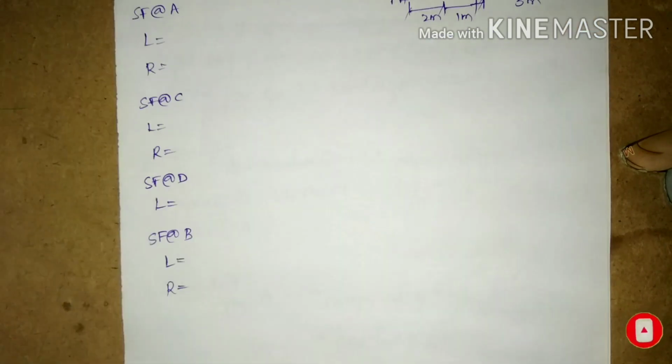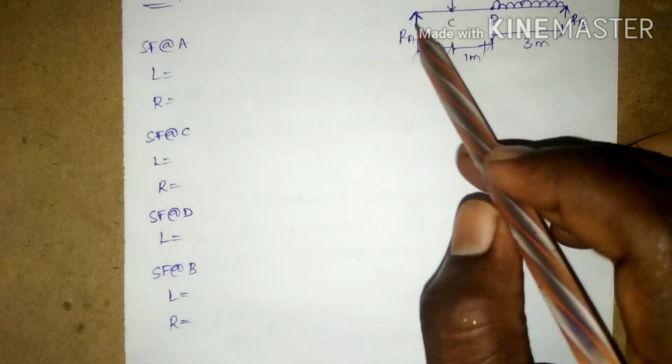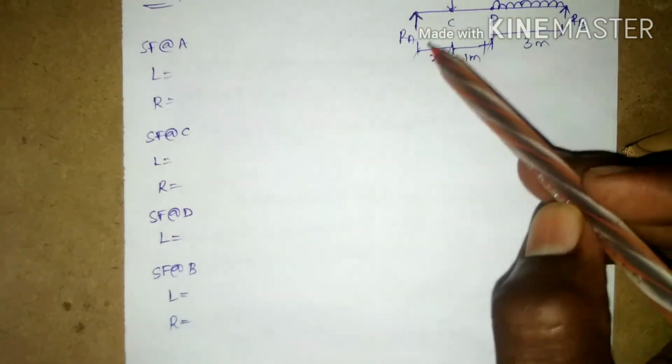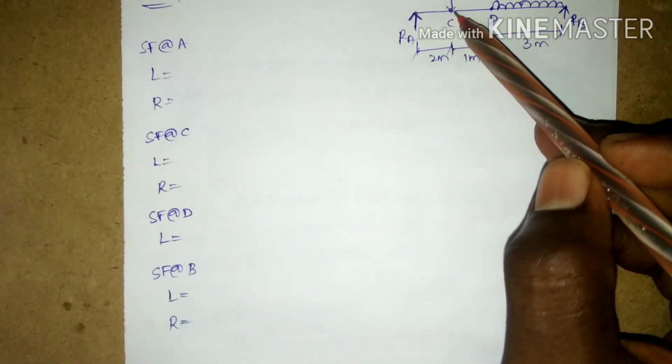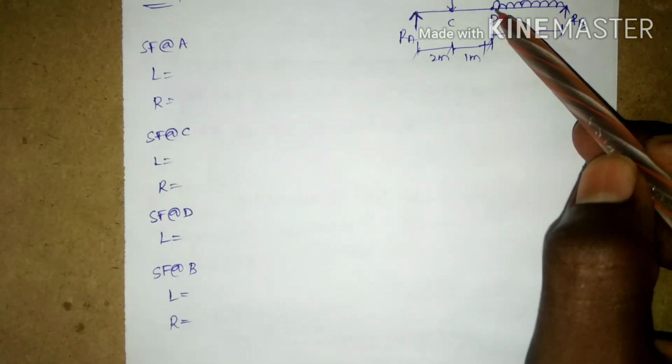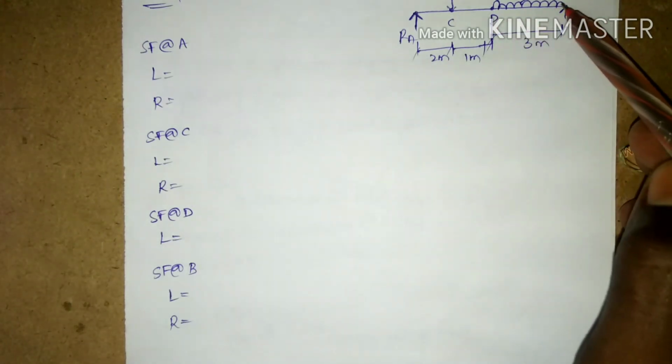For the shear force calculation, we take the left and right of the supports and the point loads, the start of the UDL and the end of the UDL.